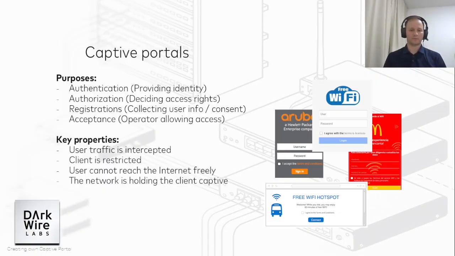and disclaimers. Key properties of captive portals: traffic interception, so all user traffic is initially redirected to the portal page; access control, users cannot access the wider network until they complete the portal requirements; session management, users are often tracked by IP or MAC address to maintain temporary access; device awareness, some portals detect the client device type to improve user experience.